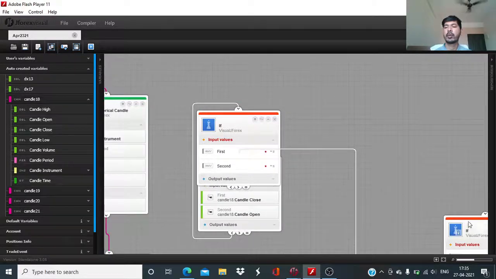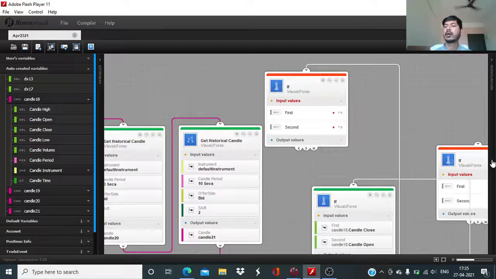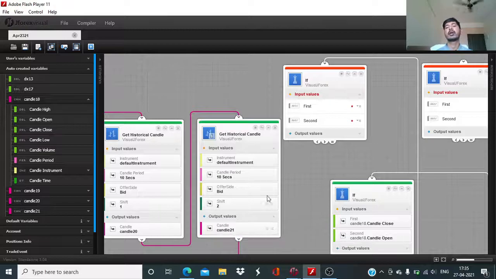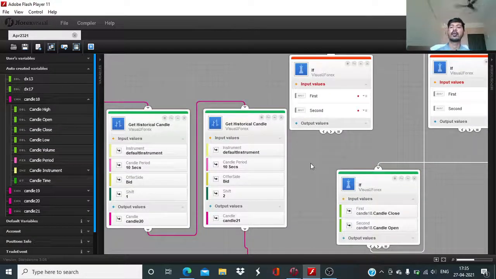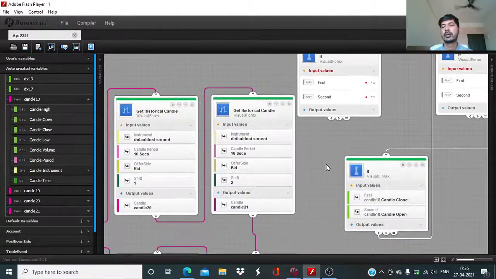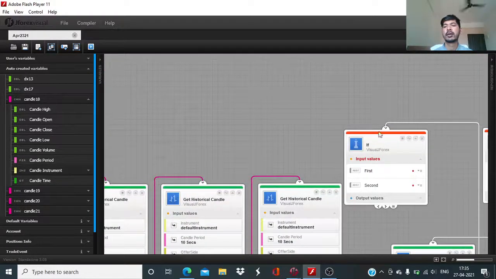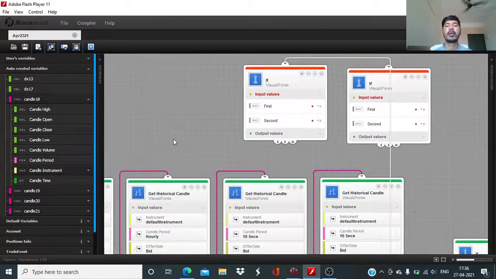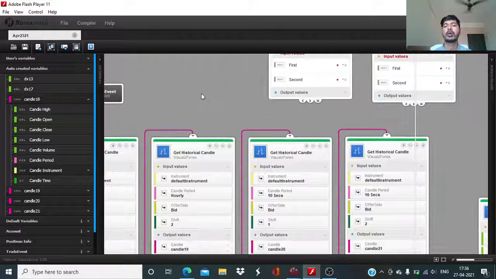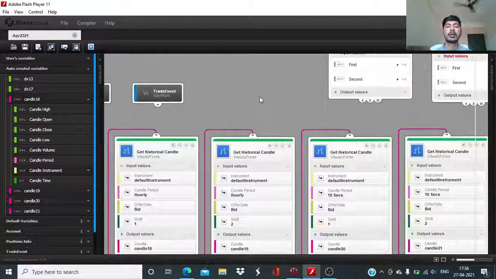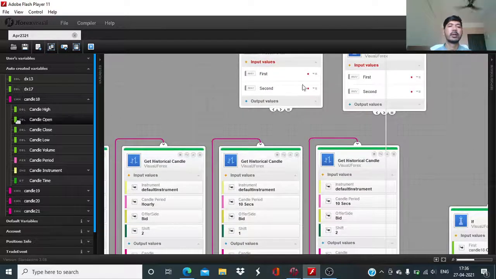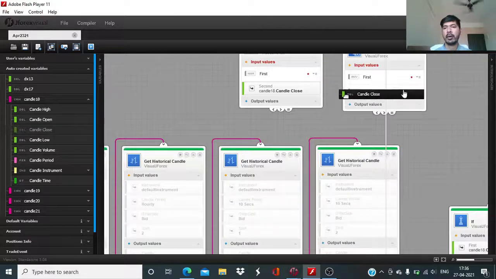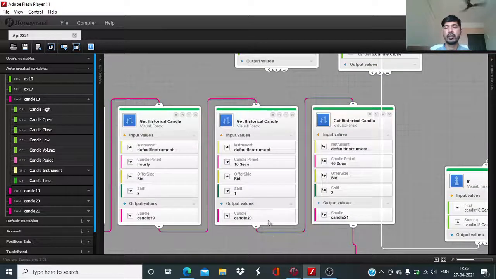And then we are going to compare the 10-second candles, candle 20 and candle 21's closing level with candle 18's closing level. We want the order to be placed whenever price starts to drop below the last hour's candle close. So here in both these blocks we will need candle 18's candle close value and then compare it with candle 20 and candle 21.